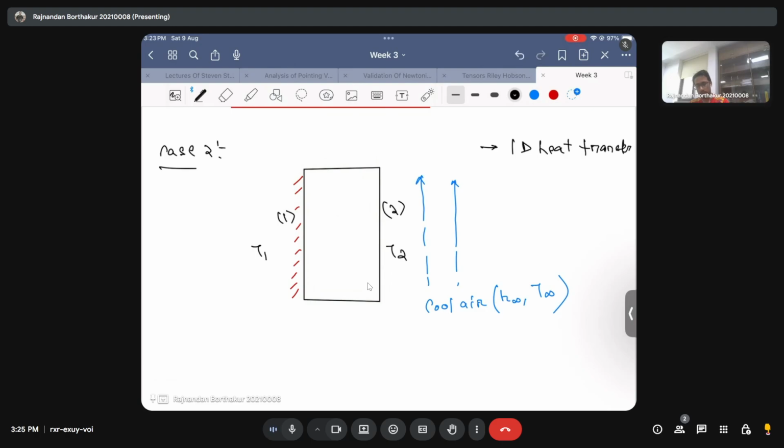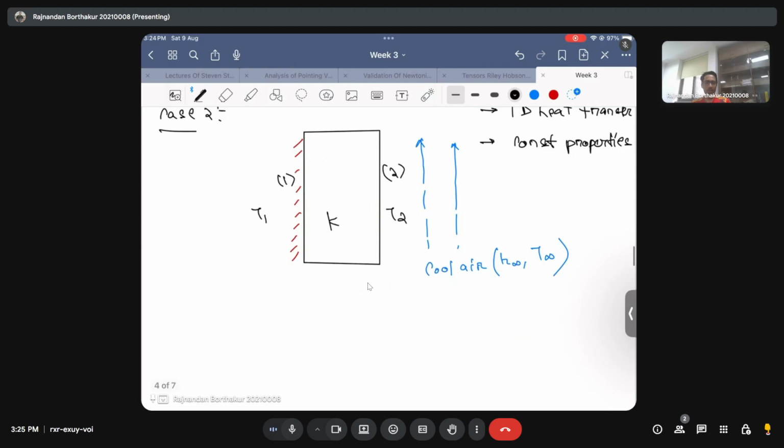Sorry, there is no heat generation here. It's just 1D heat transfer, constant properties. The left hand side of the slab is insulated, but you are cooling the right hand side by providing cool air at a temperature T infinity with a heat transfer coefficient H infinity, and the thermal conductivity of the slab is equal to K.